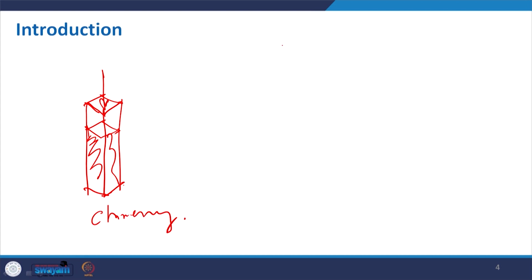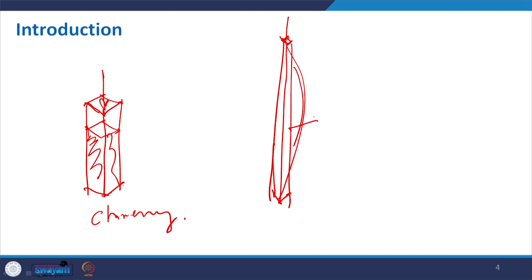But when you have a very thin cross section, a very long column, and you apply load on that, it will try to bend. Buckling will happen. Depending on that principle, we have to select our structure accordingly, so that it will sustain the applied load.